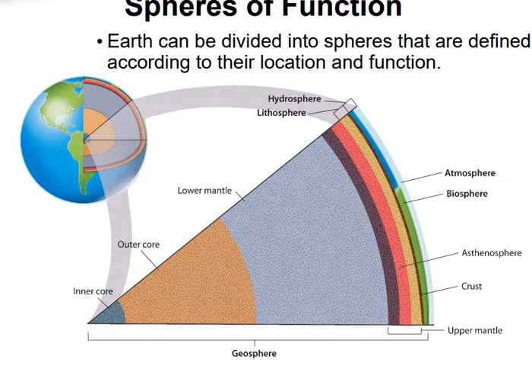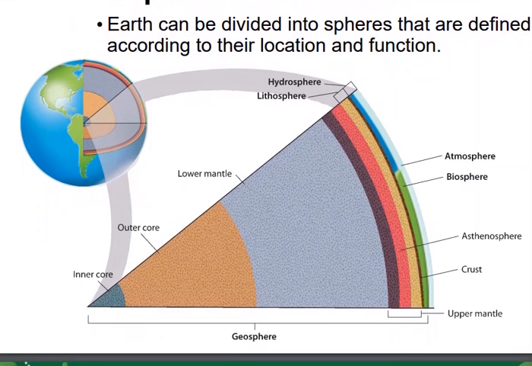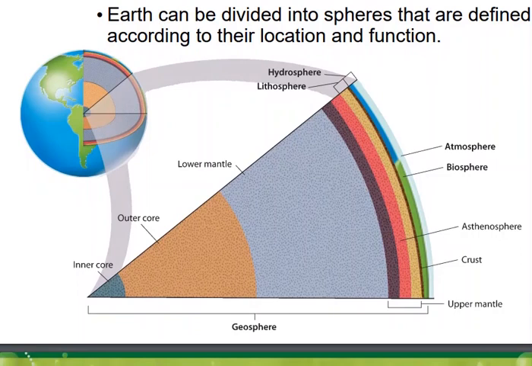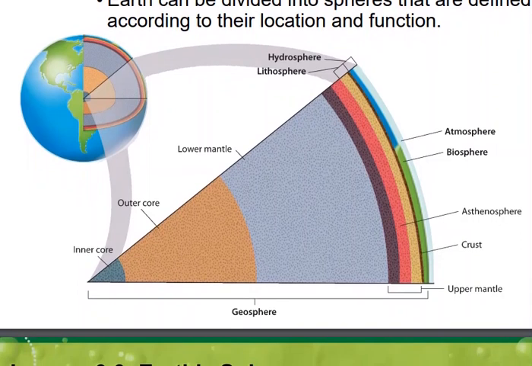So I'm going to scroll down a little bit so you can see the diagram. Okay. And I'm going to start with the geosphere, and you can see the geosphere is here. Okay, Earth's geosphere is made of all the rock at the Earth's surface and also all the rock below the Earth's surface.